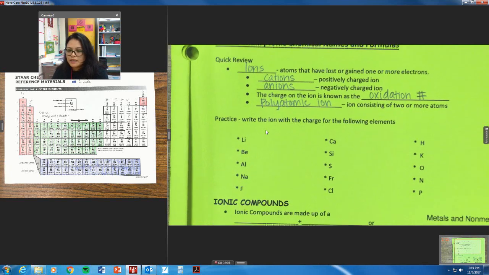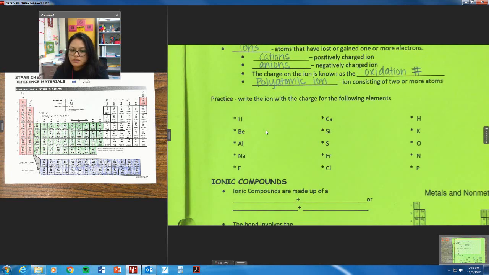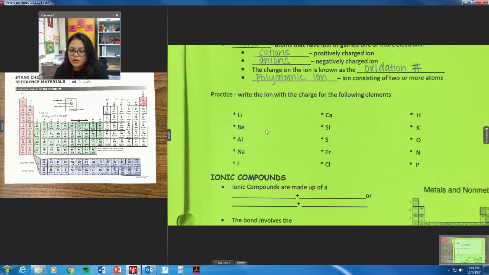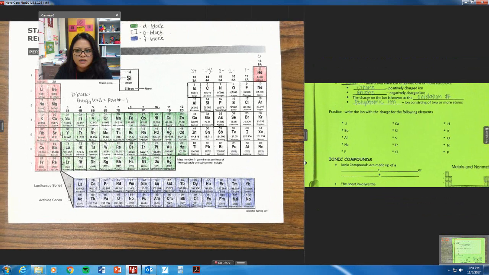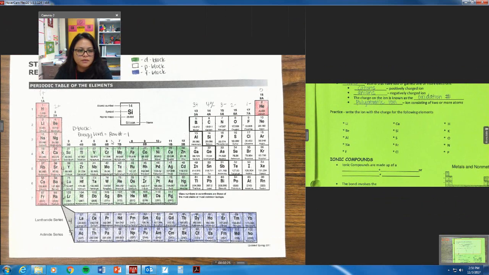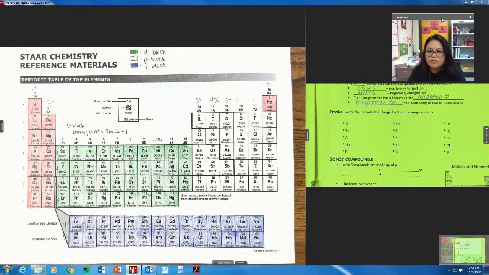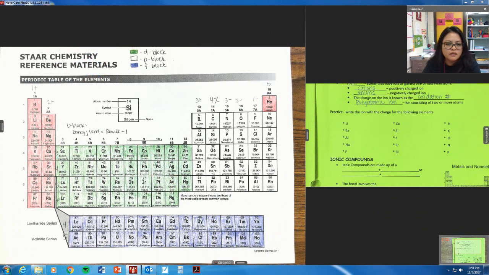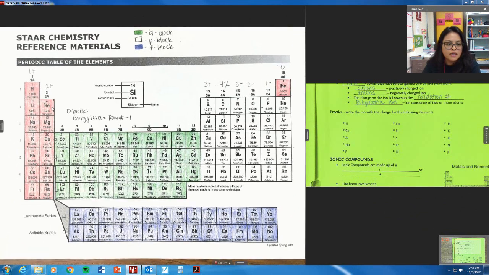Okay, so practice. This is practice from yesterday. Write the ion with the charge for the following elements. So lithium on our periodic table. Let's take a look at our periodic table.